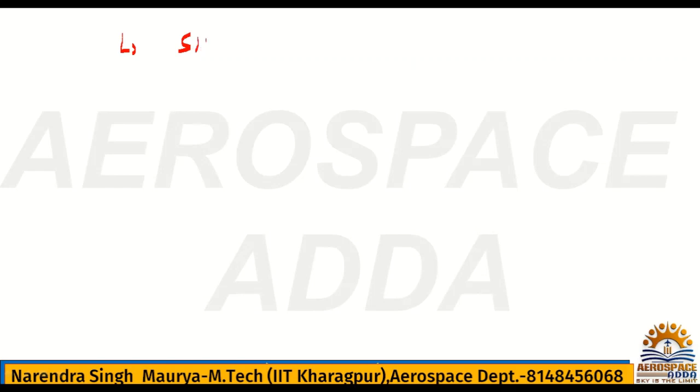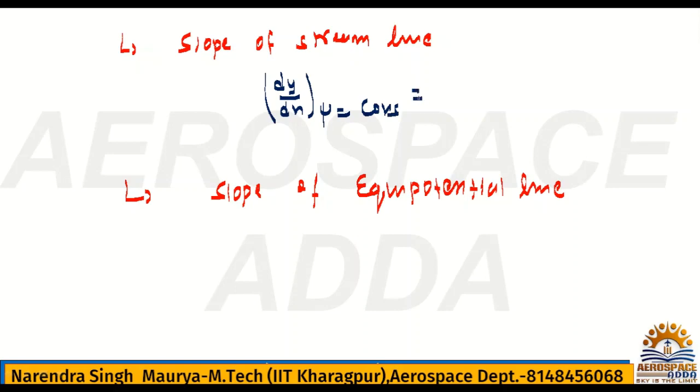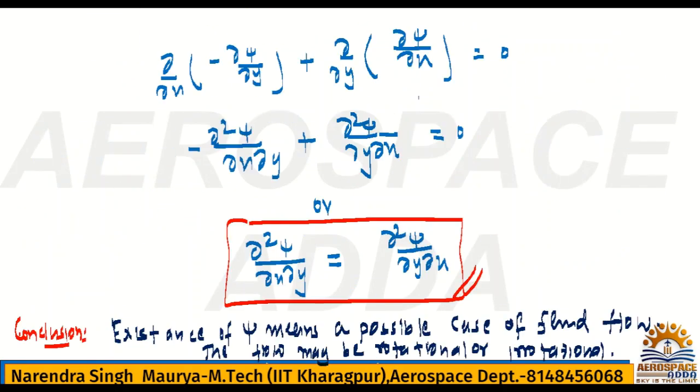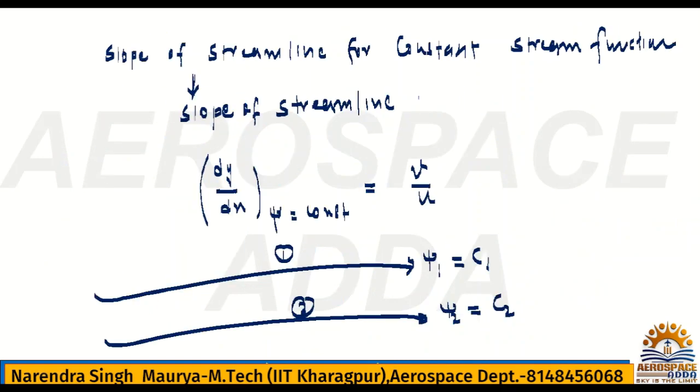Now we have two slopes. What we have seen: slope of the streamline and slope of the equipotential line. What formula have we seen? Slope dy by dx, because it is a streamline, so psi is constant. Last class I derived it, and at the start here also I had written it: dy by dx is v by u.